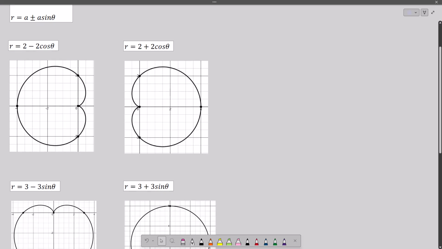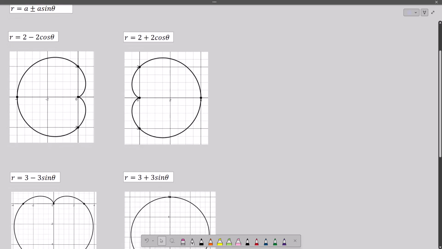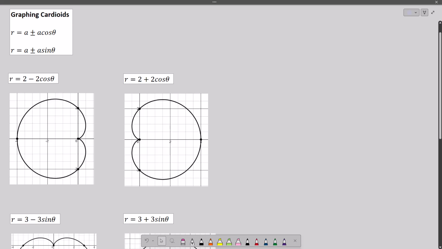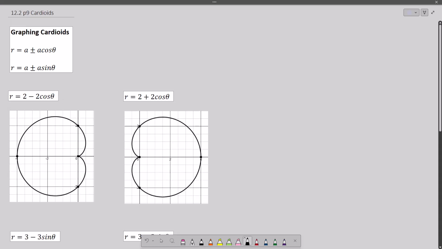As long as it's a constant plus a constant times sine or cosine, it's a cardioid. So if it is in this form, a plus or minus a cosine, a plus or minus a sine, it's a cardioid. So let's just back up for 1 second. We've already seen that if we just have that, we have circles. But if we add this extra constant out in front, then we're going to have cardioids.